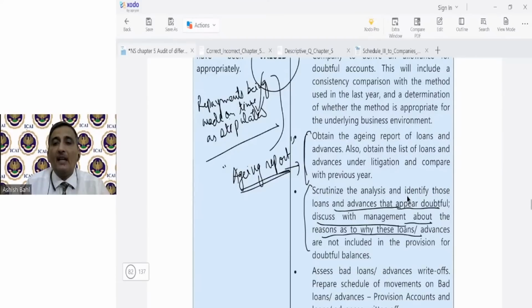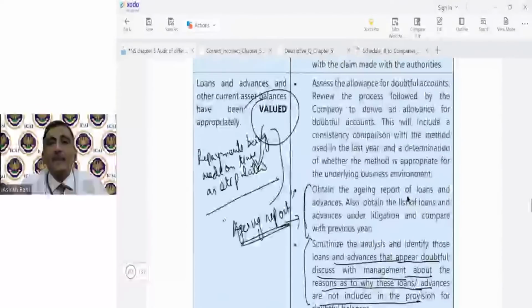So, students, where the payment is not coming at all, and the loan is standing in the company's books, 2 years, 3 years without payment, so obviously the auditor would ask questions about it: why it is outstanding, why the payment is not coming as per the terms of the loan agreement, and he would definitely see whether some sort of provision has been made or not in respect of such loans and advances, as regards doubtfulness of recovery of their principal amounts. Okay.